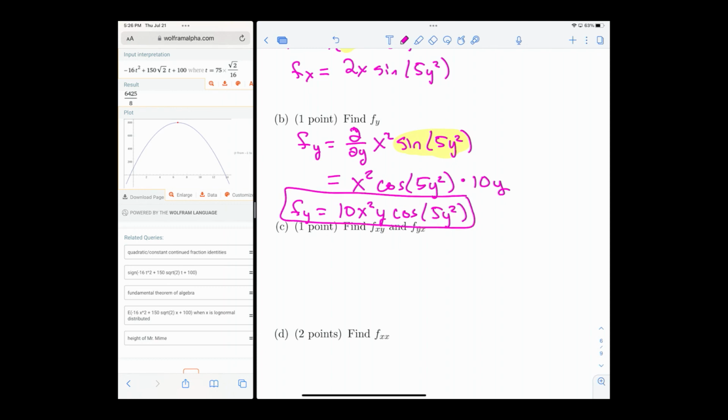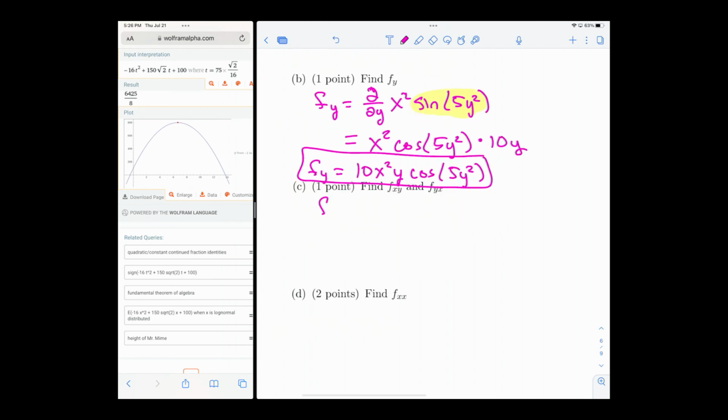There you go. All right, now it wants the mixed partial derivatives. For mixed partial derivatives, like fxy, that's going to be the partial with respect to y of fx. So we take the partial with respect to y of the x derivative, and the partial with respect to x of the y derivative.